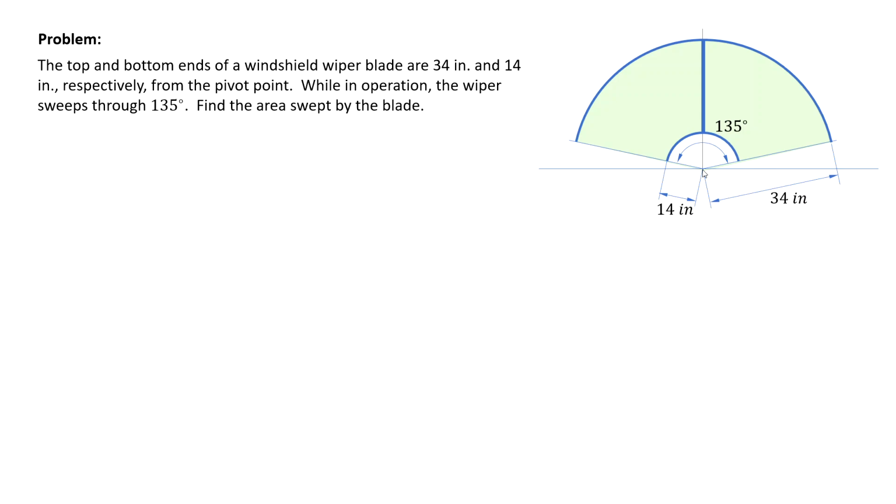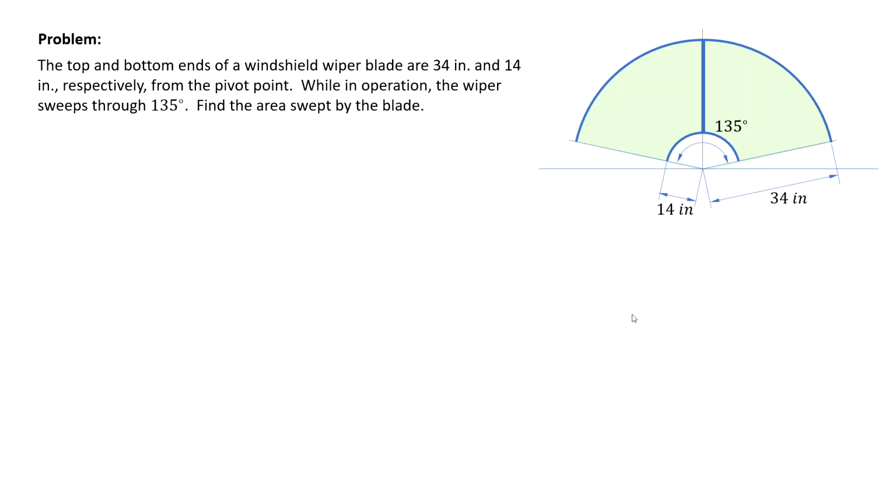Pivot point means it's fixed at that point, and all the other points rotate about that fixed point. And so that is 14 inches. Basically, that is nothing but the inner radius, and the outer point has a radius of 34 inches. The outer radius is 34 inches. And we need to find this area, the green one.